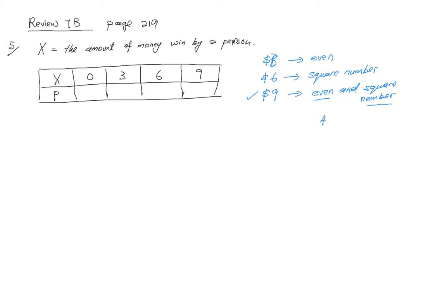Even and square, it must fulfill both. So I have the first one, and another one which is even and square. Can you tell me? 16. So I have only 2, correct? So these 2 numbers will enable me to win $9. So I put 2 out of 20.